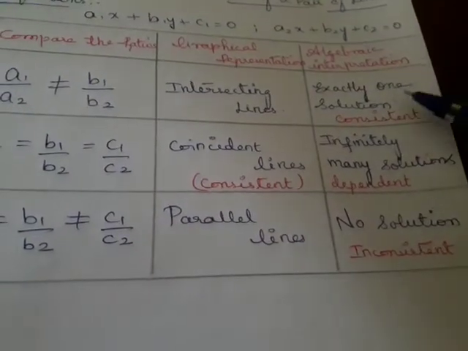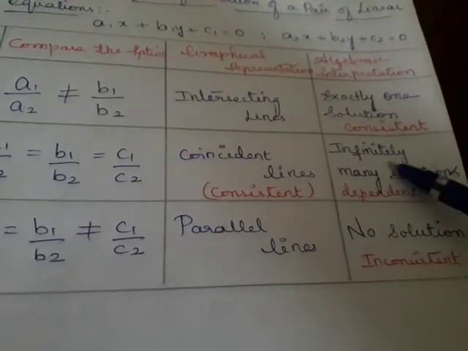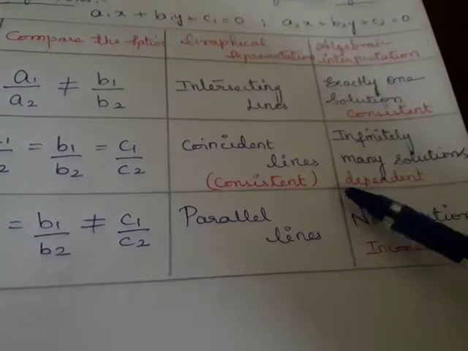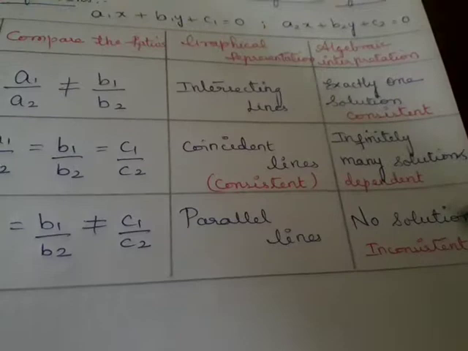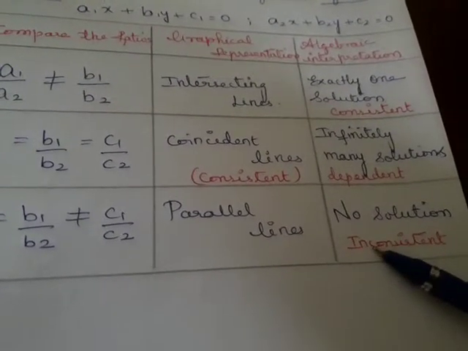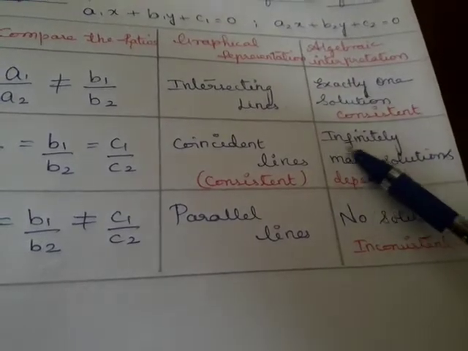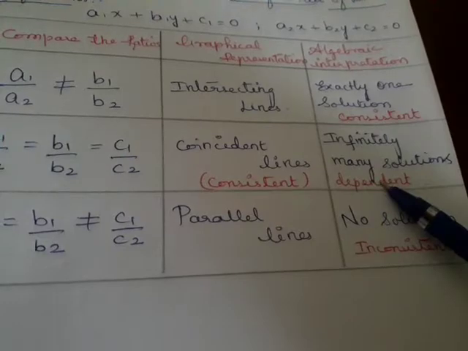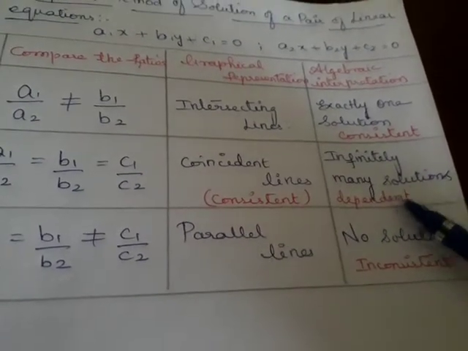And when it has exactly one solution or infinitely many solutions, we say the system of equations is consistent. When it has no solution, we say the system of equations is inconsistent. And moreover, when it has infinitely many solutions, we say the equations are dependent. It is depending one over the other.